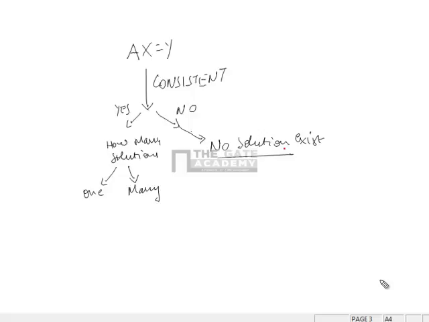So first I need to understand the consistency of the system. For that, I form a matrix called [A|Y]. This is called the augmented matrix. I simply attach the Y to A and form a new matrix called the augmented matrix.